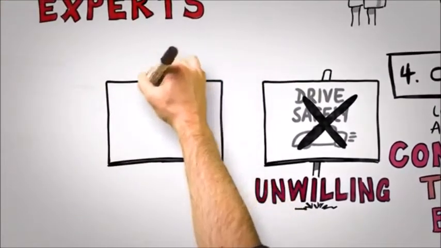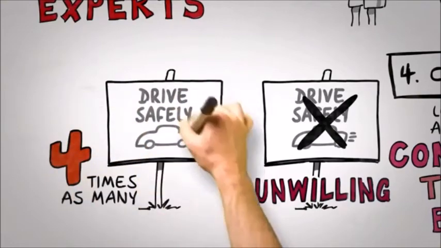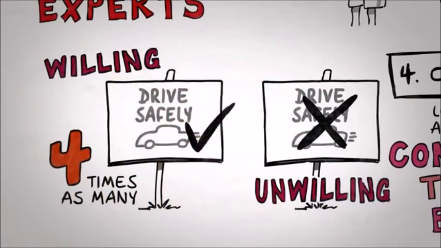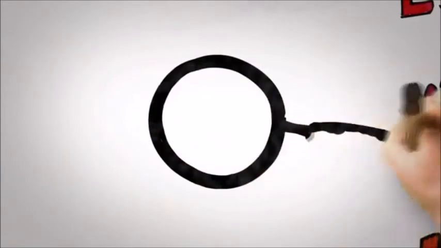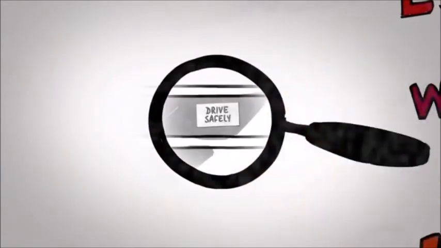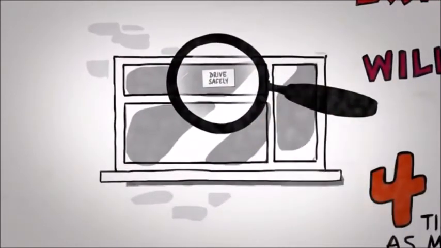However, in a similar neighborhood close by, 4 times as many homeowners indicated that they would be willing to erect this unsightly billboard. Why? Because 10 days previously, they had agreed to place a small postcard in the front window of their home that signaled their support for a Drive Safely campaign.